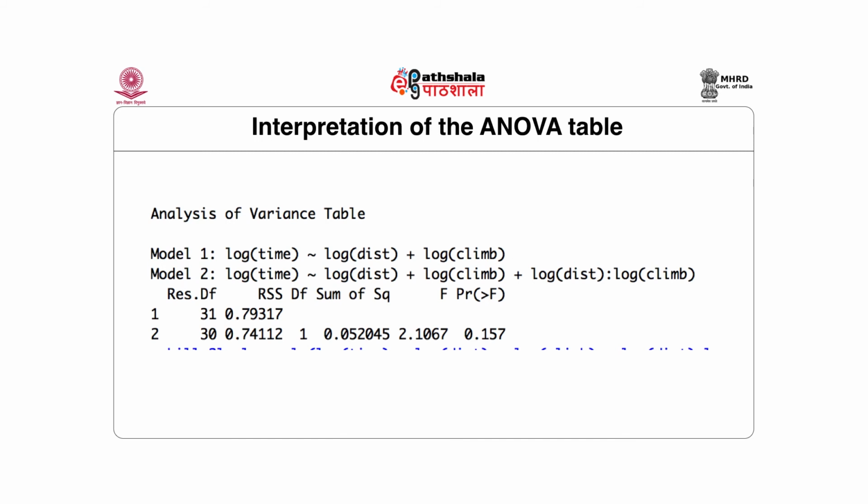So in other words, to what extent does the addition of the explanatory variables explain the variability in the outcome variable. So the adjusted R-square, after adjusting for the degrees of freedom, will give you that information.